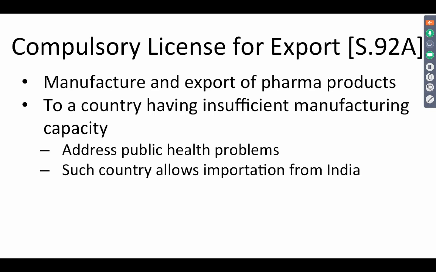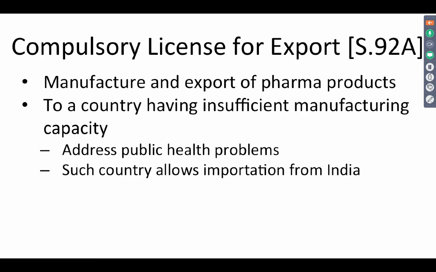Now, 92A(1), if you look at 92 capital A(1), the compulsory license shall be available for manufacture and export. So it is export clubbed with manufacture, because we want the thing to be manufactured in India and then exported. Provided a compulsory license has been granted in such country, or such country has by notification or otherwise allowed importation. Okay, so they should have.